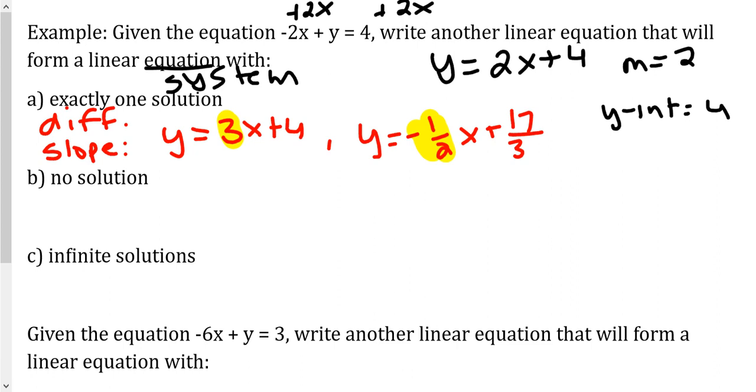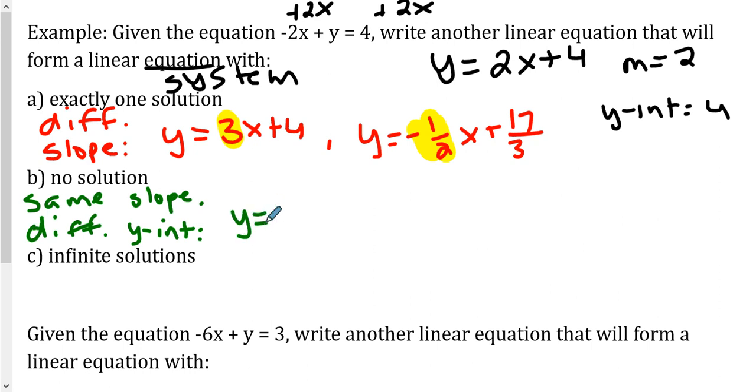All right, no solution. So again, for these, we needed same slope, right? We needed parallel lines. Same slope, but we needed different y-intercept. So again, any y-intercept that your heart could imagine, as long as that slope is the same, as long as it's still a 2x, I can throw any number that isn't +4 in my B spot.